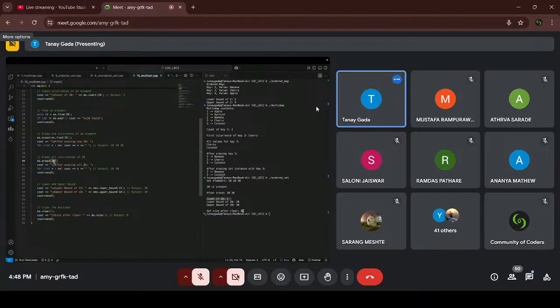And it is important to know this difference. And to erase only one instance of an element, we use find to get the iterator of that element, and then erase only that element which is pointed to by that iterator. So here we are only erasing one element, and here we are erasing all elements which are 20.